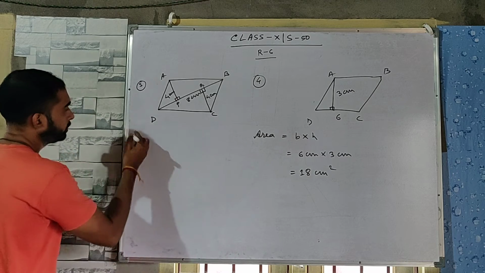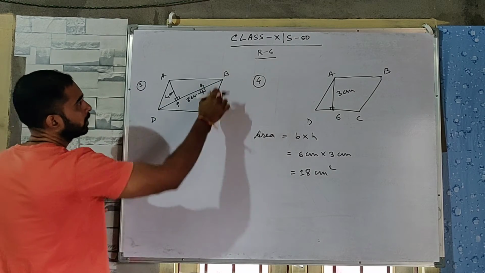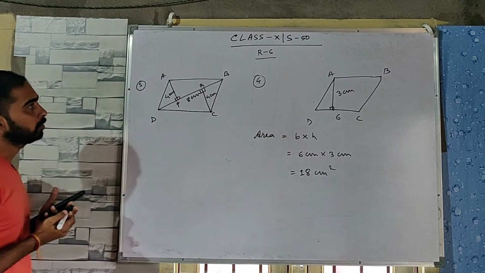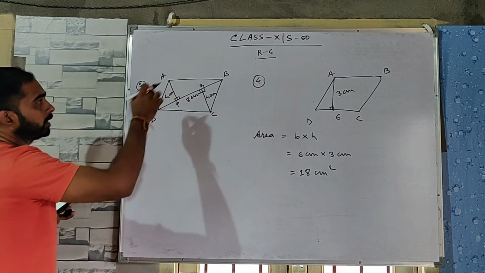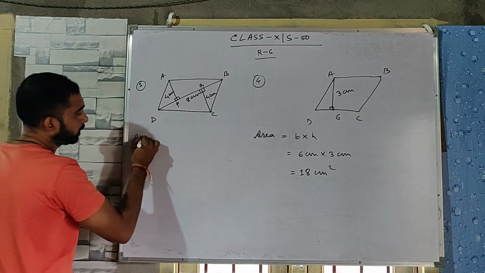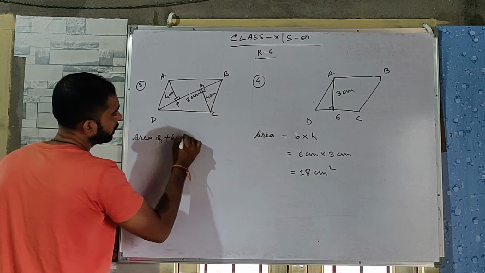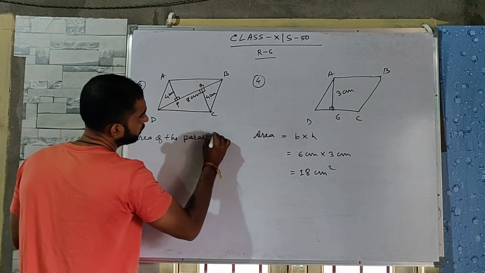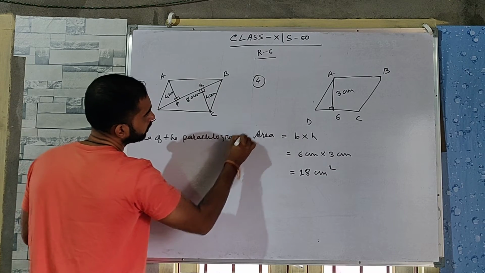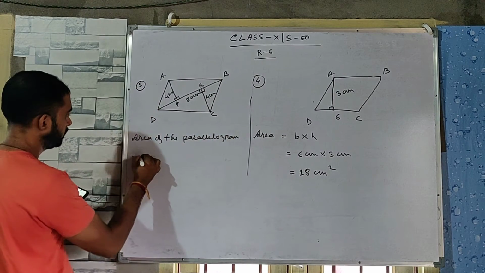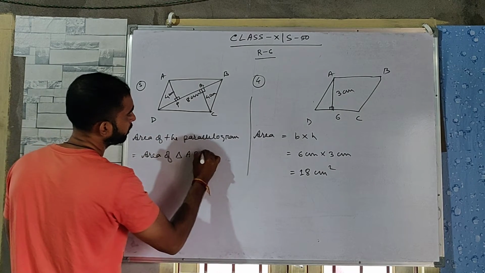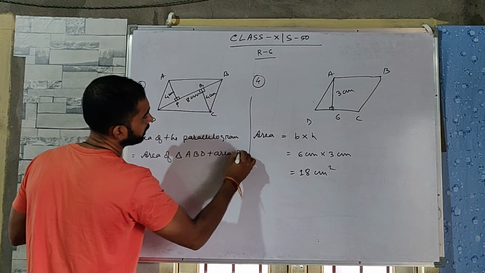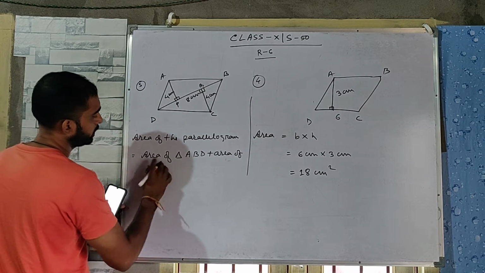Now we know that the diagonal of a parallelogram divides it into two congruent triangles. Therefore, area of triangle ABD is equal to area of triangle BCD. So, area of the parallelogram is equal to area of triangle ABD plus area of triangle BCD.